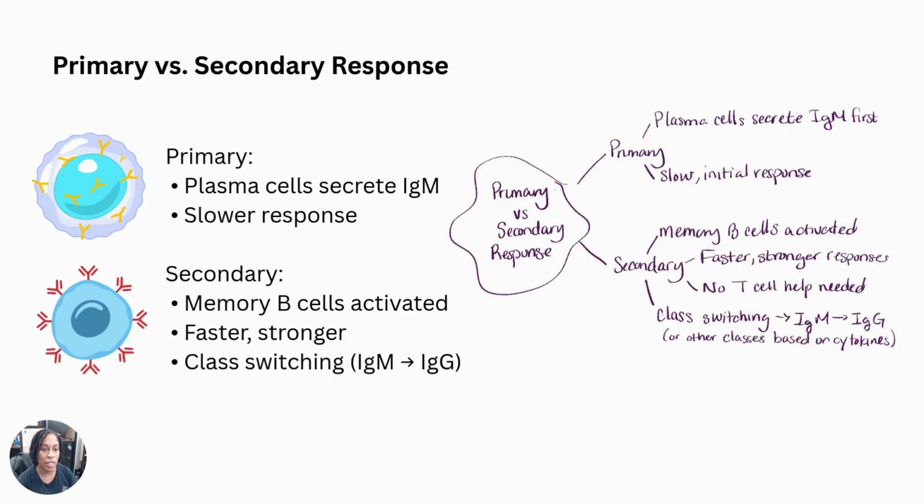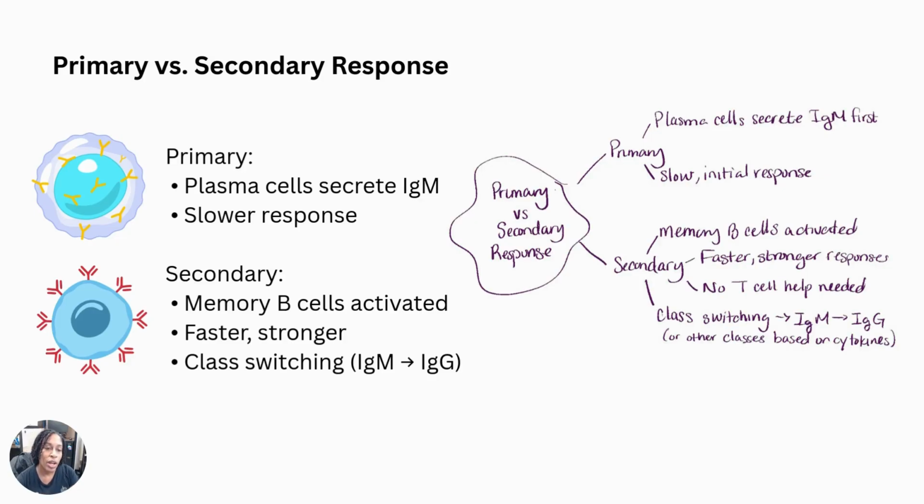Stemming from that is primary and then secondary. So the primary response relies on IgM and develops slowly. The secondary response, powered by memory cells, is faster, stronger, and often switches to IgG.